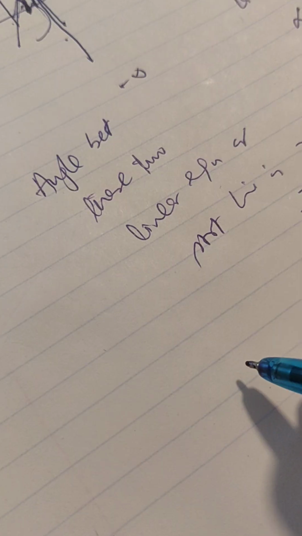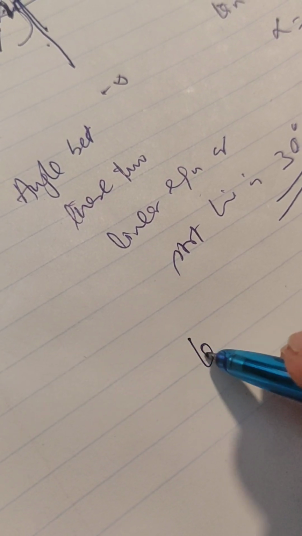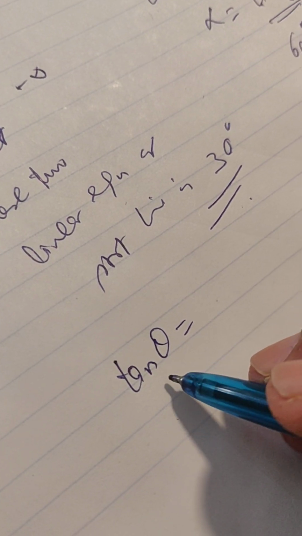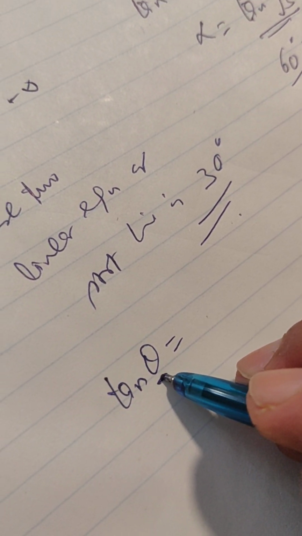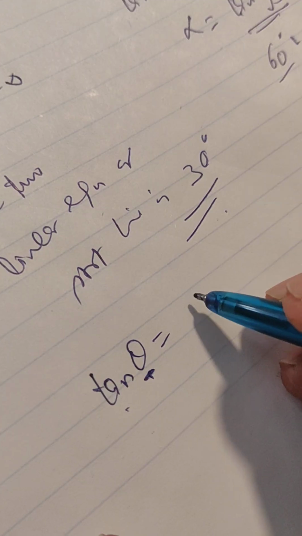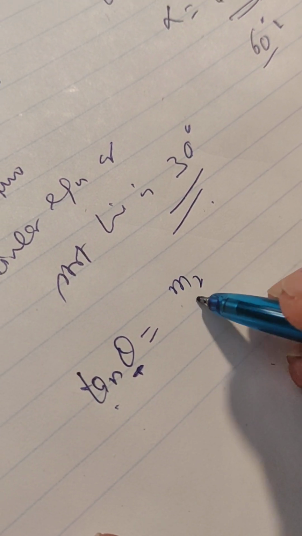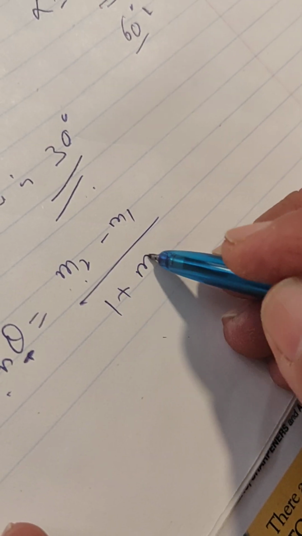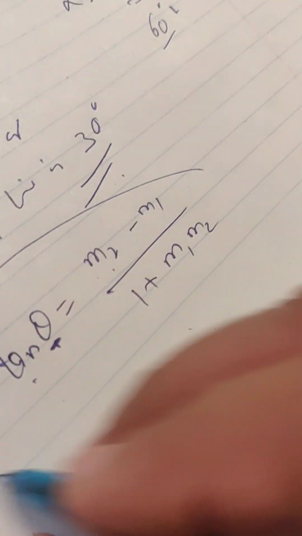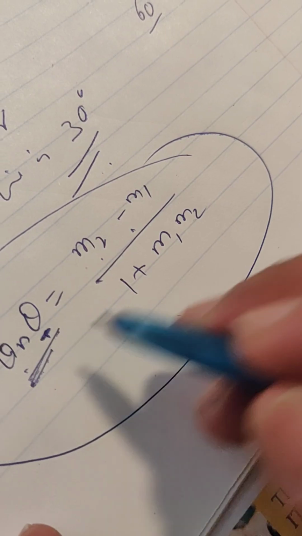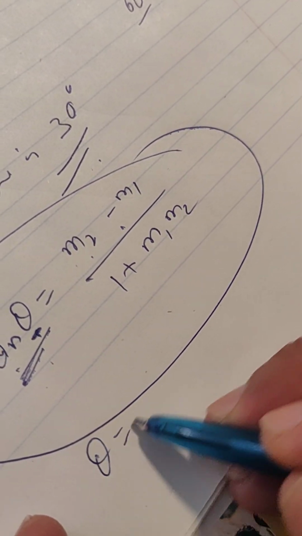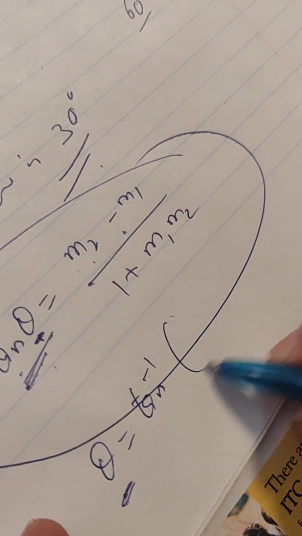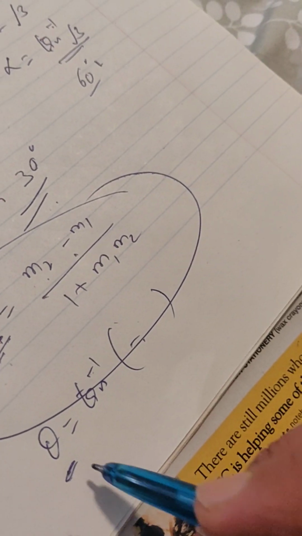So I sum up. To find out the angle between two intersecting lines, you take the help of this formula which says tangent of the angle between two straight lines is equal to the slope of one line minus the slope of the other, whole divided by 1 plus m1 into m2. After finding out tangent theta, you can find out the value of theta by taking the inverse of that value.